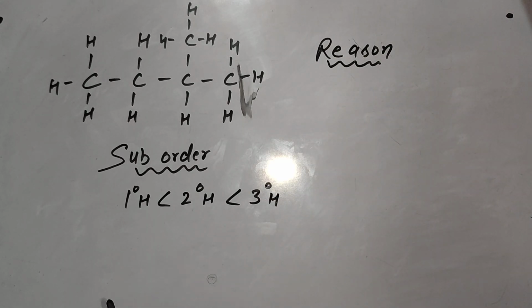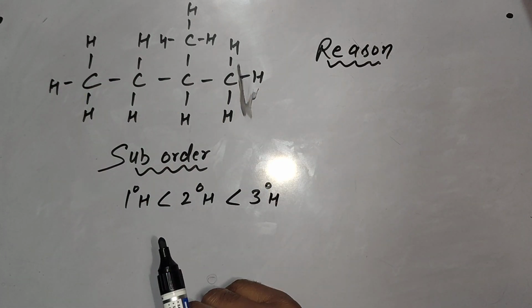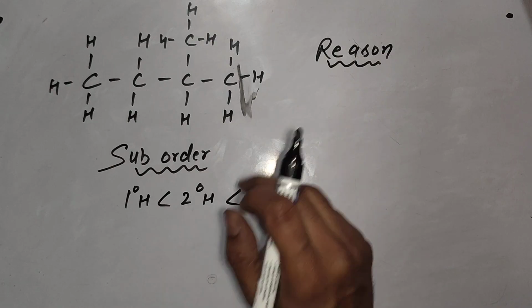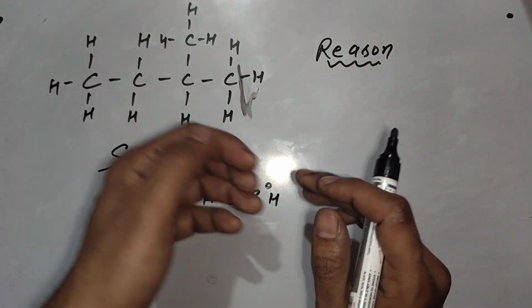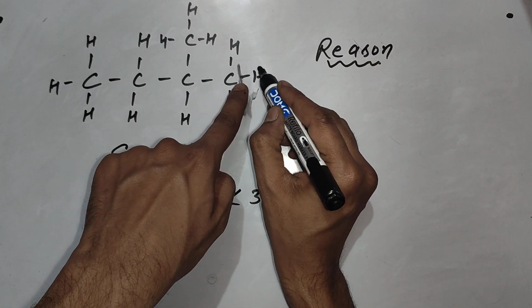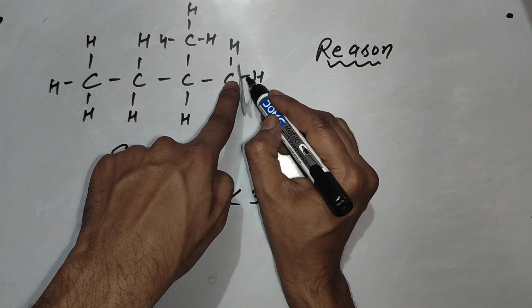As I already told you, these alkanes and halogens are going to react with each other through a free radical mechanism. And in a free radical mechanism, free radicals are generated. Suppose this hydrogen is going to be substituted by halogen. So this carbon-hydrogen bond will break.